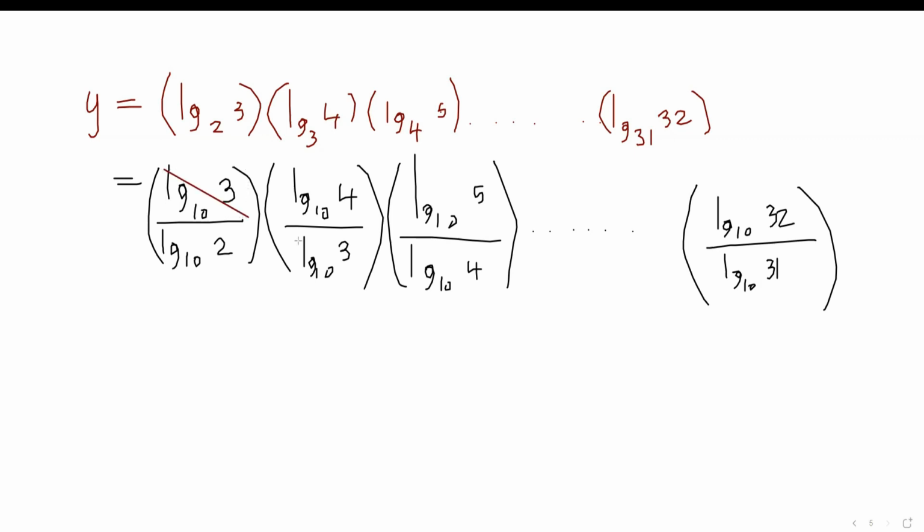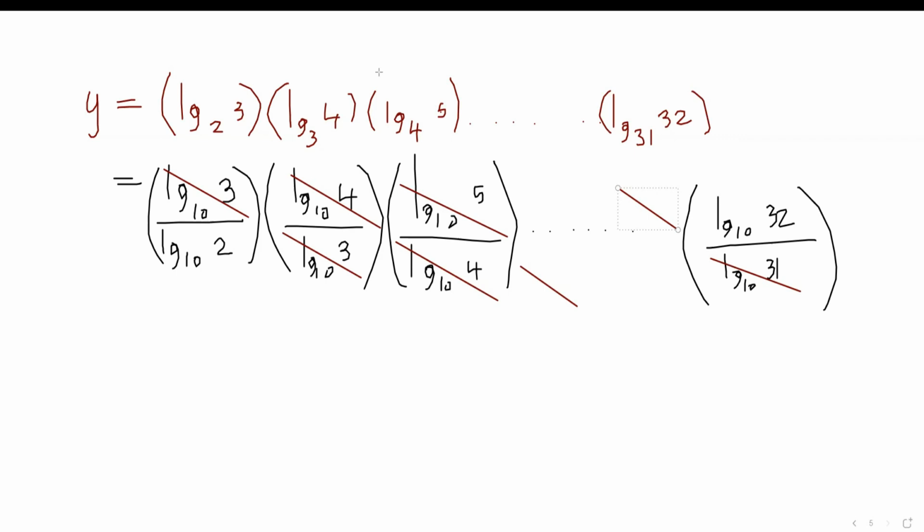This cancels this, this cancels. The log base 4 would cancel this. So that means that the 5 would cancel the 5 somewhere here. The 31 would cancel the 31 somewhere right here. You see how they cancel? Because when you multiply them, they would cancel, right? That makes sense?